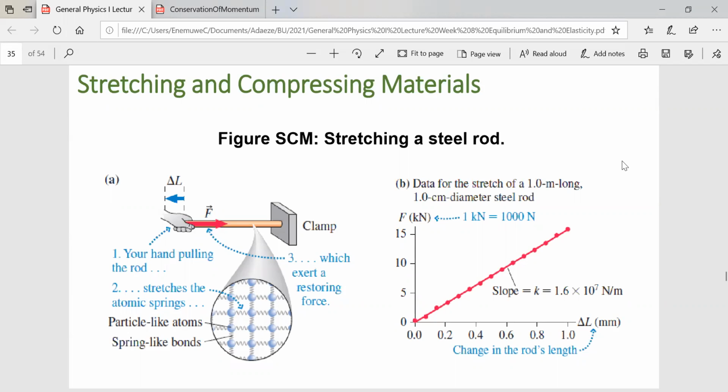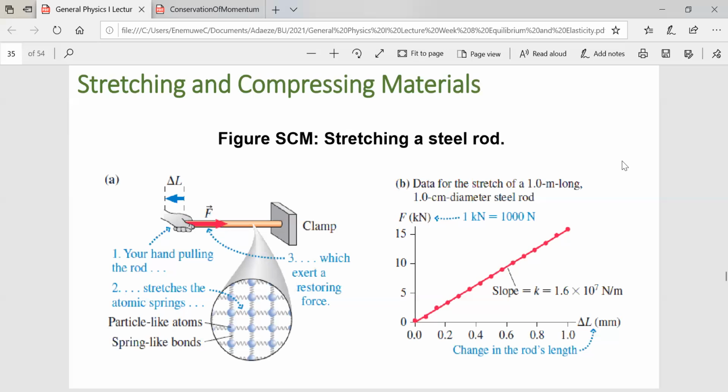Okay. So discussing compression in terms of a rigid body, let's take the analogy of the steel rod in figures A and B. Model the steel rod, for example, like the particle model of a solid. And you see the hand pulling the steel rod.